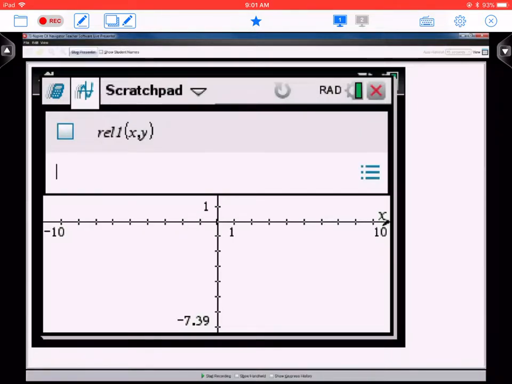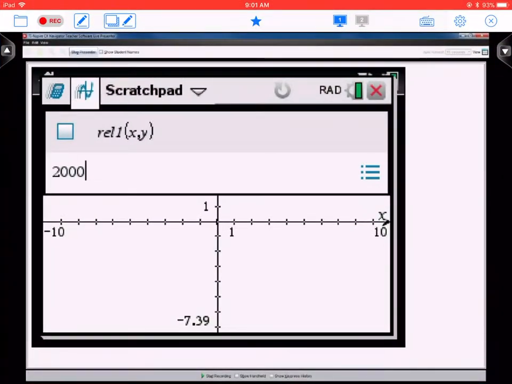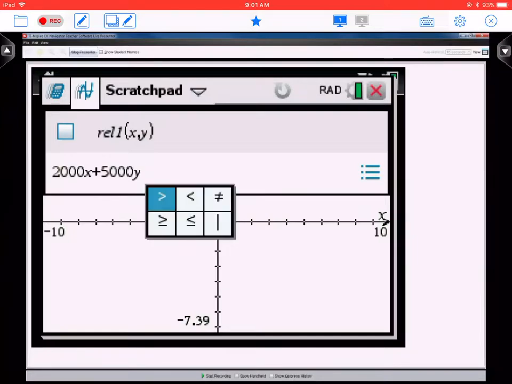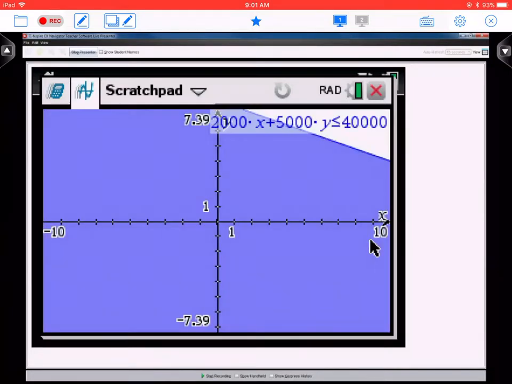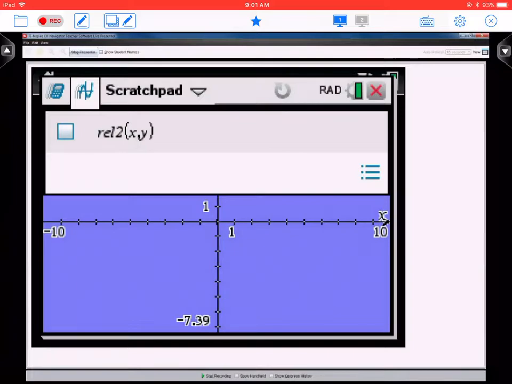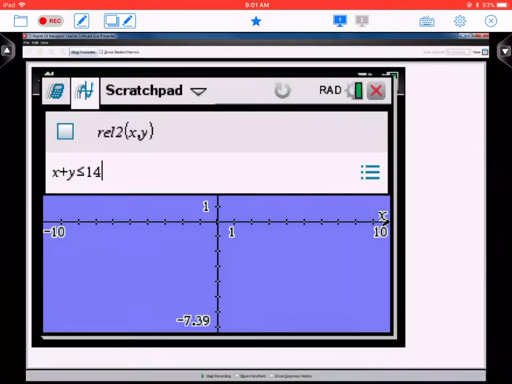Remember, if you needed to check, 2,000x plus 5,000y is less than or equal to 40,000, right? That's the max you can spend. There's one equation. And then press tab again to put the second equation. It was x plus y less than or equal to 14 students.